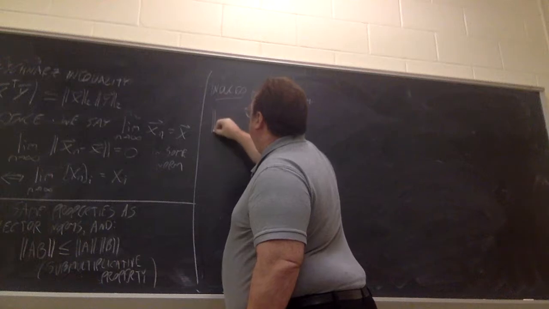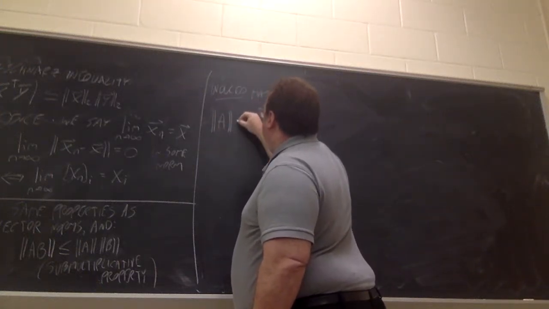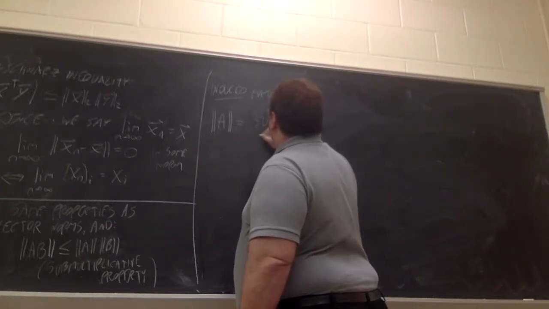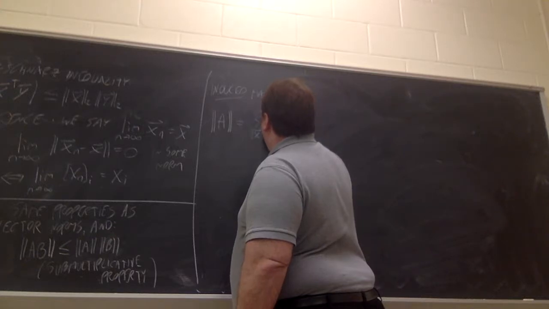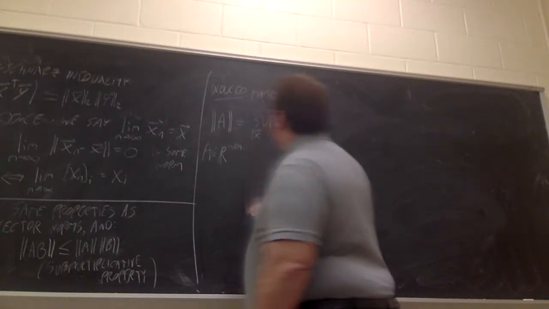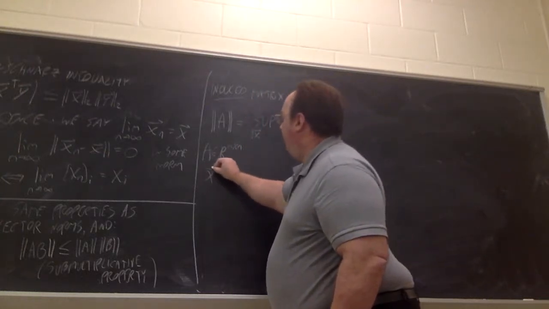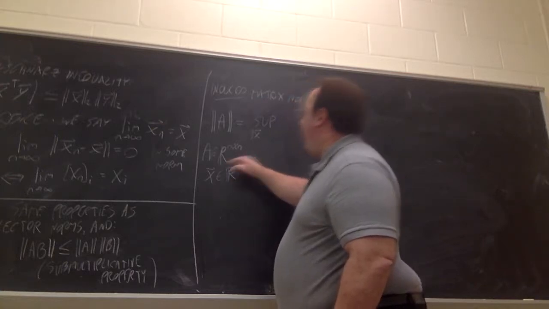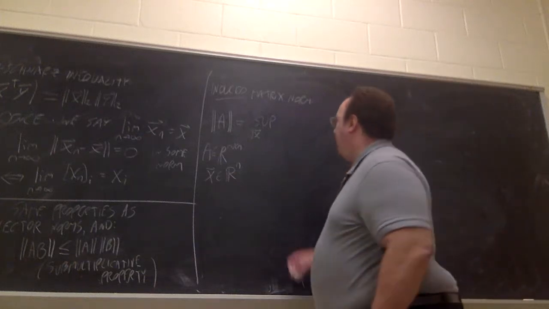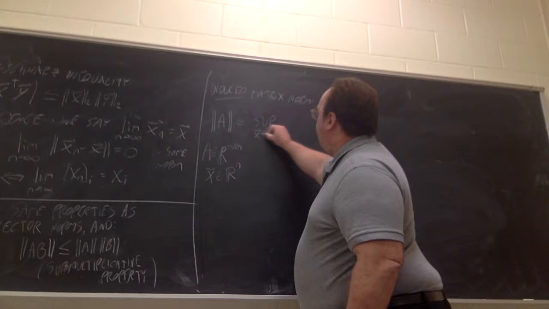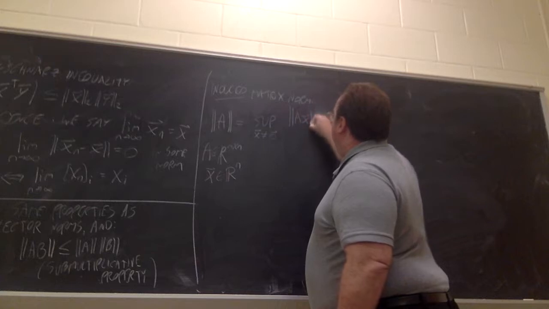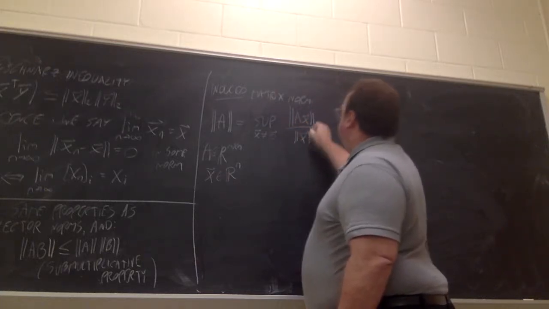The idea is we define the norm of a matrix A to be the supremum taken over all non-zero vectors x in R^n, where I'm going to assume A is m by n, because if you're multiplying A times x, the dimensions have to be compatible, of this quantity, a ratio of the norm of Ax to the norm of x.